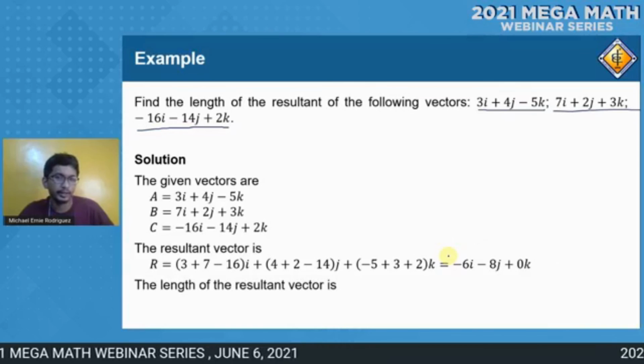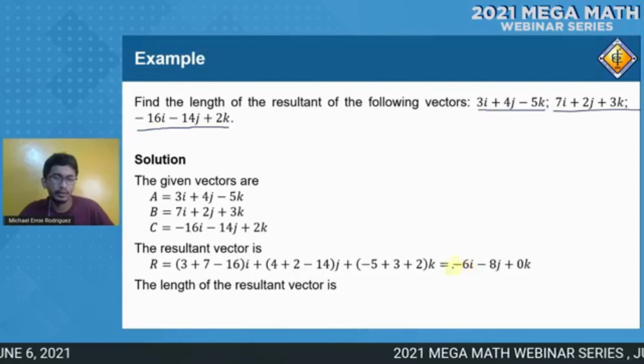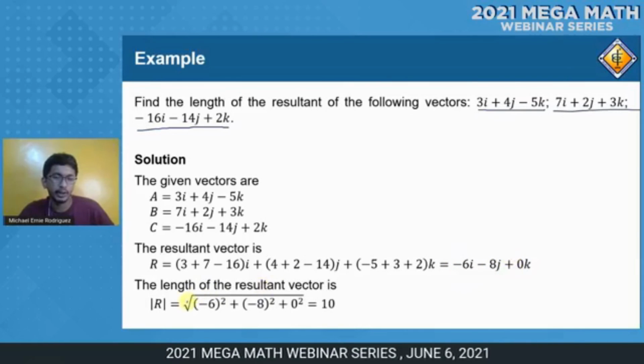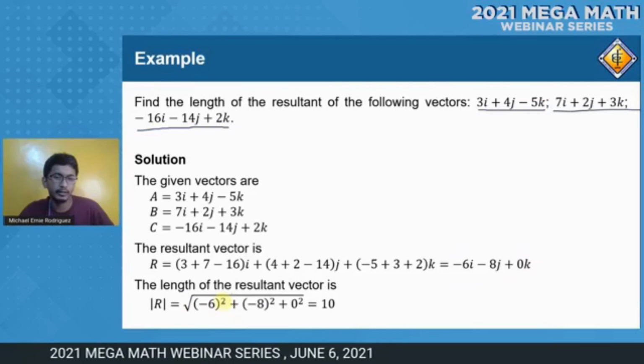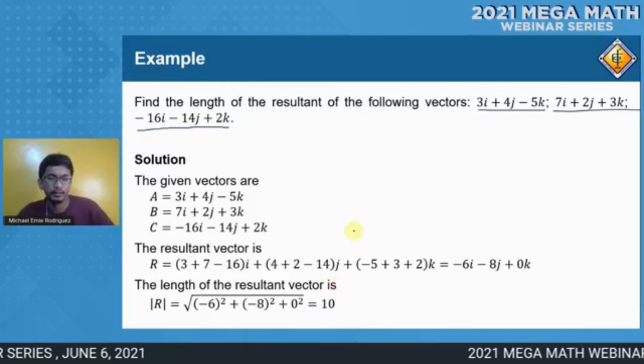That is the resultant vector. And then for the length, just take the coefficients of i, j, k. You have the square root of negative 6 squared plus negative 8 squared plus 0 squared. So that is equal to 10.